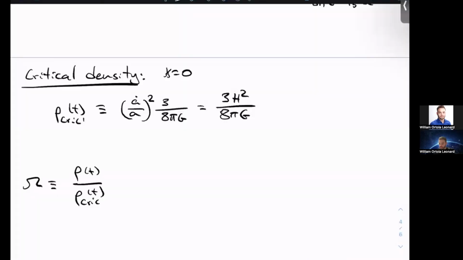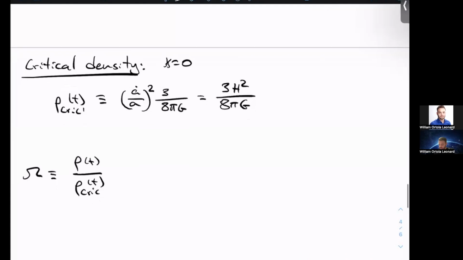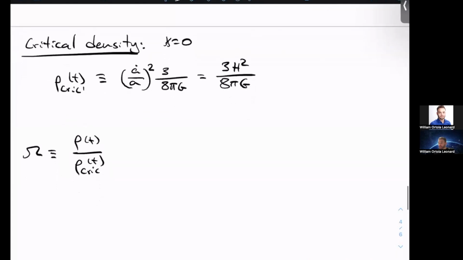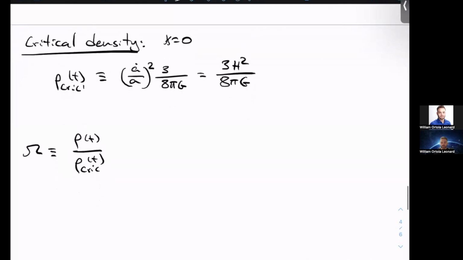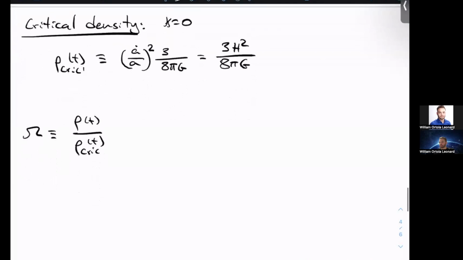Given this omega, what we can now do is rewrite the first Friedmann equation in terms of omega. Remember, the Friedmann equation is just H(t) squared equals 8 pi G over 3 times rho minus kappa, divided by R squared times a squared.